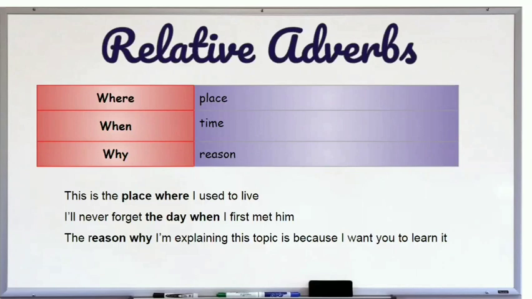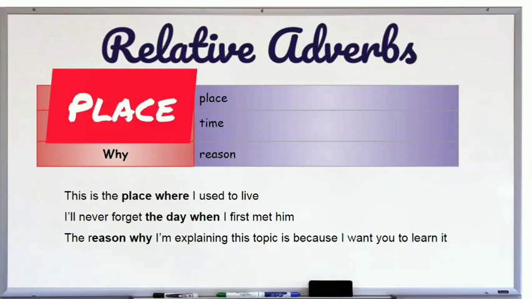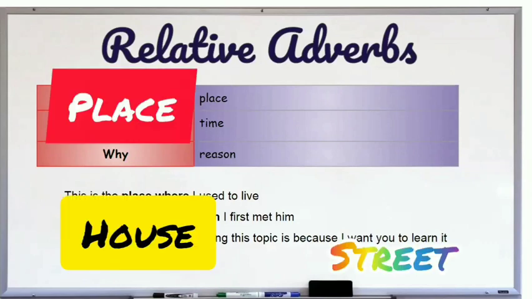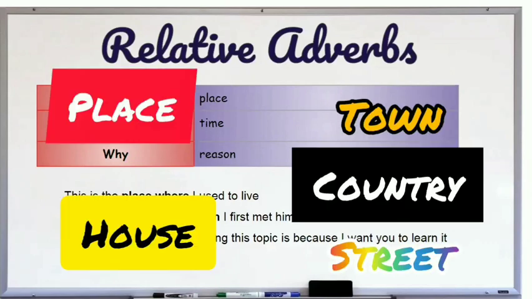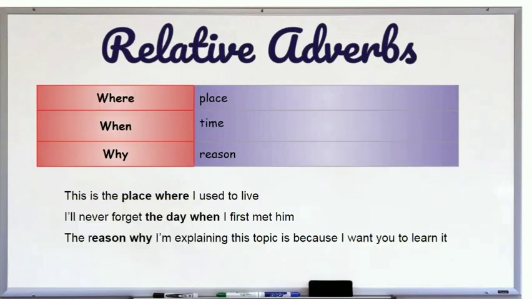Let's focus on the examples and the function. Where is used to refer to place, usually after nouns like place, house, street, town, and country. Of course, it can be replaced by which or that plus a preposition. And in this case, which and that can be omitted if you want.